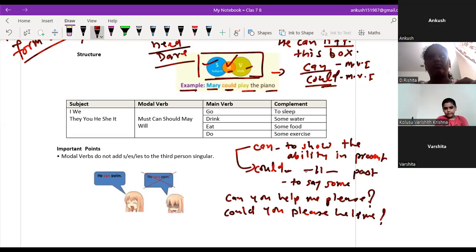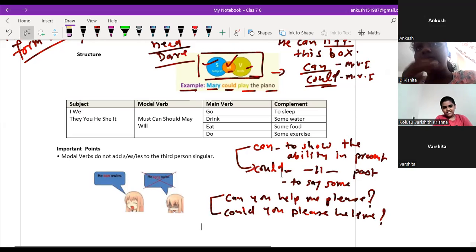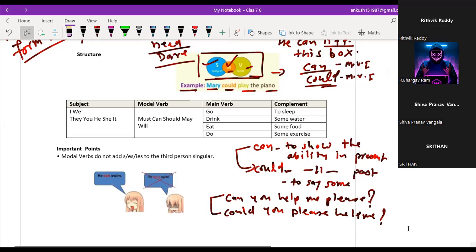I did not get what ma'am said. In which language she spoke, I could not understand. Who was that? It's Bhargav. Sir, it's Telugu.